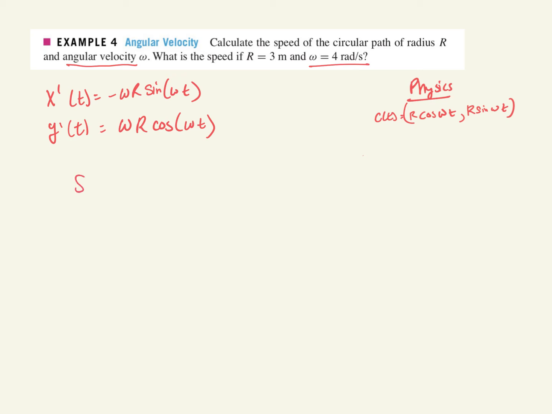So I'm looking for angular velocity, which means I'm looking for speed, right? The s prime. So I don't need my integral. I just need the square root. And in this case, because it works out so nicely, I am putting everything in there. Not a negative, that's wrong.